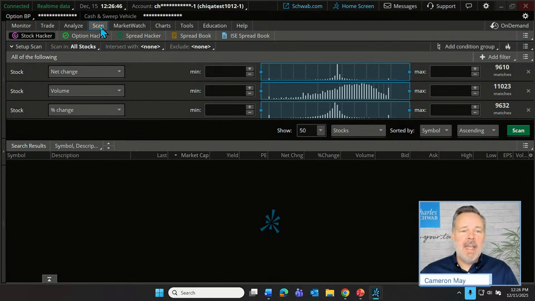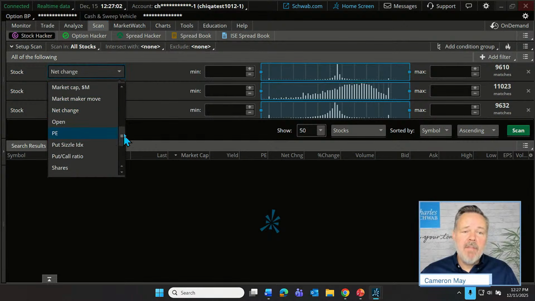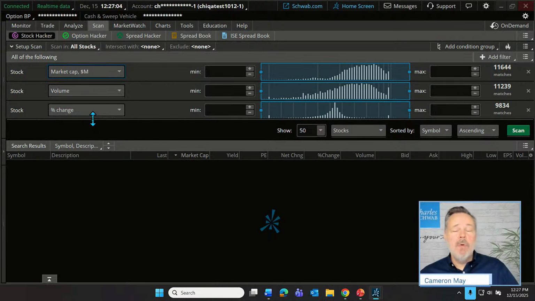But let's go to the scan tool, and we're going to be using the Stock Hacker here, and let's plug in those 4 priorities. And they are just example priorities, but first of all, liquidity. Liquidity is never guaranteed, but one way to move the probability of having liquid options is to look at the market capitalization of the stock. Market cap is just how much the company's worth as determined by price per share times the number of shares.